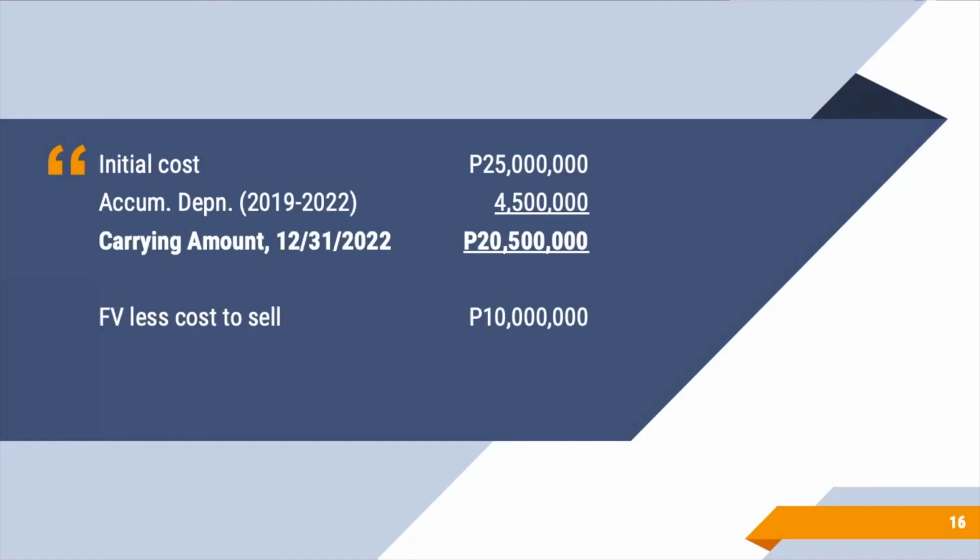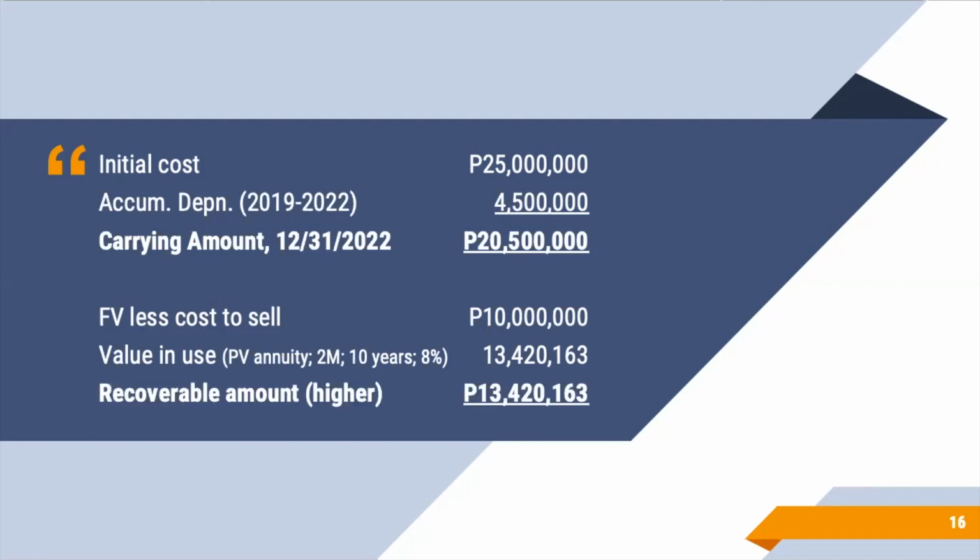For the recoverable amount, the fair value less cost to sell is 10 million as given, while the value in use, we need to compute it using present value ordinary annuity. The annual payment is 2 million using 10 years period and 8% discount rate. Why 10 years? Because accordingly, 10 years na lang daw ang remaining useful life. When you compute that, the present value is 13,420,163. That means the recoverable amount is the higher between the two, or that is 13,420,163.